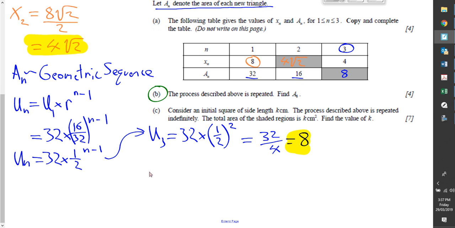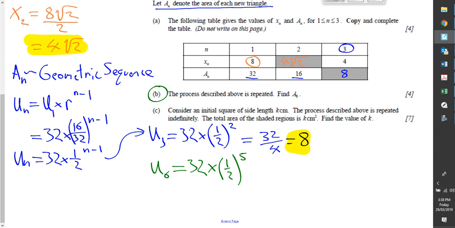particular geometric sequence. So we're going to say that we want the 6th term, so U6 is going to be equal to 32 multiplied by 1 over 2 to the power of 6 minus 1. Okay, 6 minus 1 is 5.